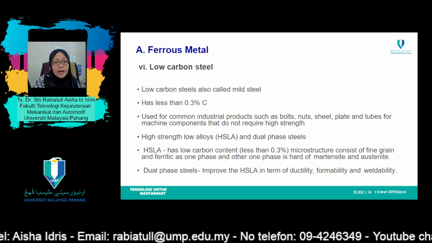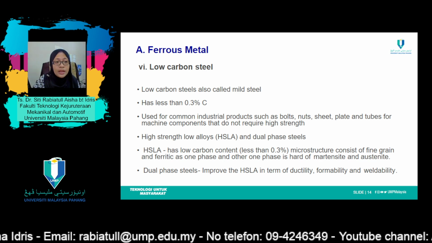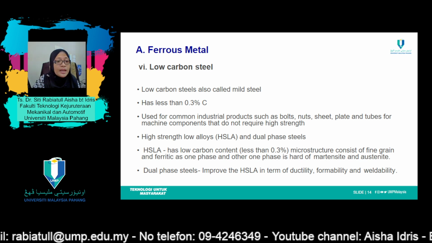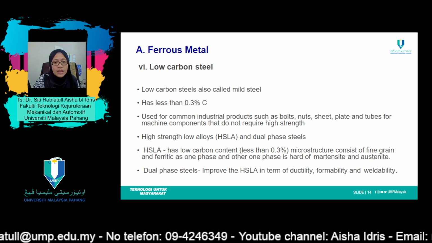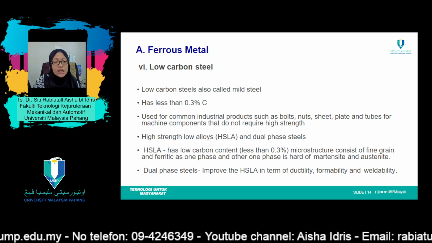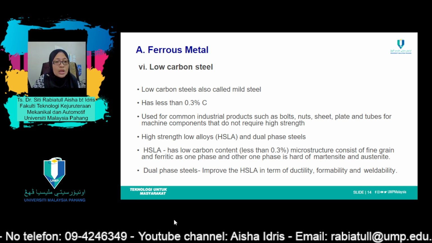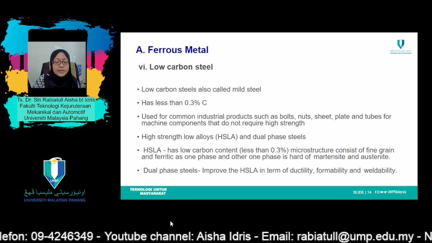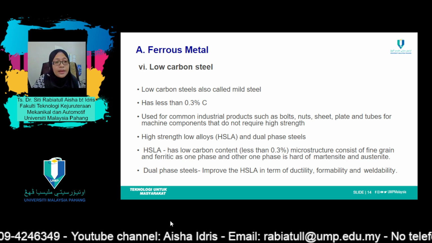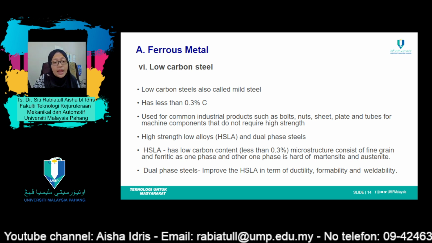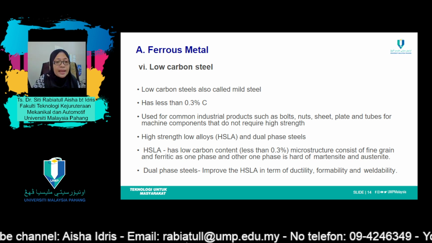In addition, they are machinable, weldable, and of all steels, these types of carbon steel are the least expensive to produce. Examples of applications include automobile body components, structural shapes like I-beams, channels, angle iron, and sheets that are used in pipelines, buildings, bridges, and tin cans.